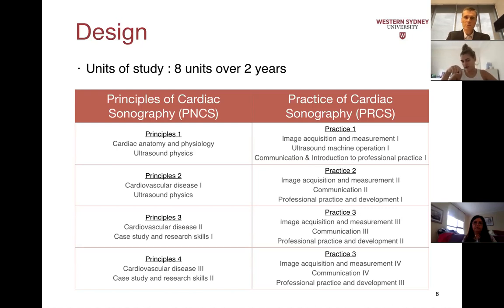But you'll see within principles, there are certain modules within each unit. For example, in the principles of cardiac sonography 1, the 2 modules will be cardiac anatomy and physiology and ultrasound physics. Okay, and then within the practice of cardiac sonography 1, there are 3 modules: image acquisition and measurement, ultrasound machine operation, communication and introduction to professional practice.